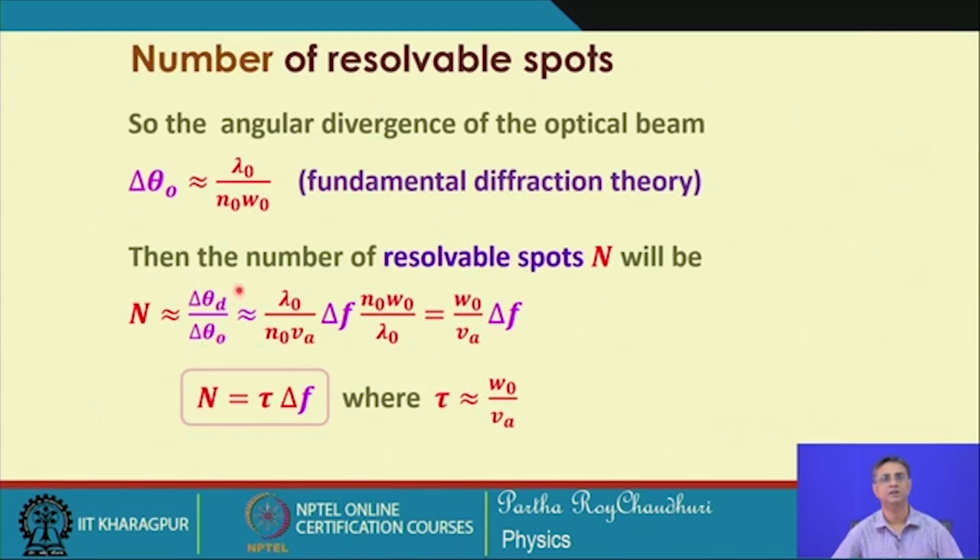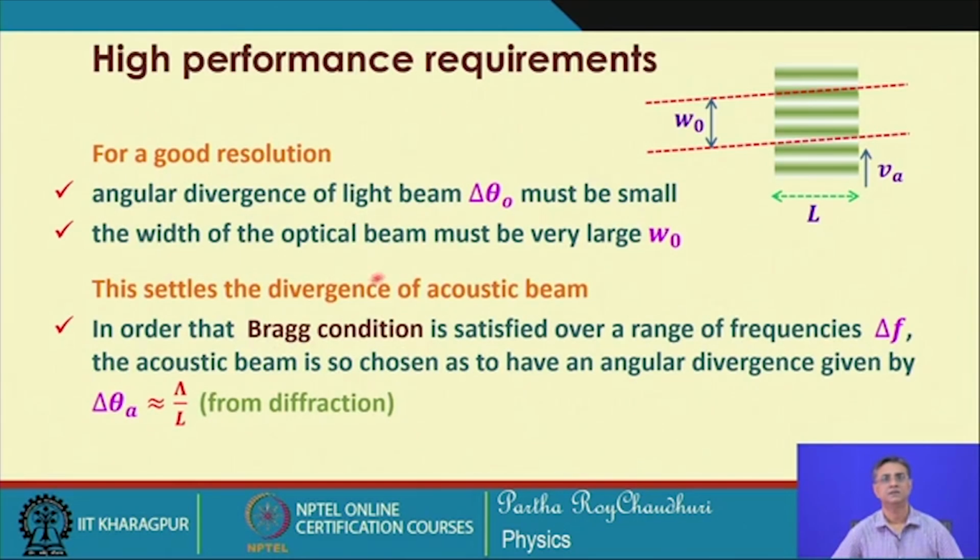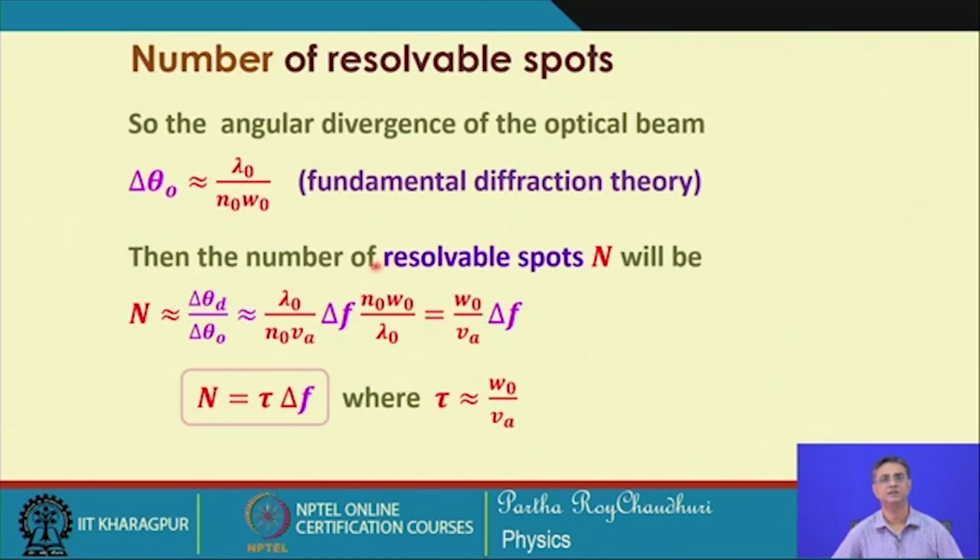If it is small, then you will get more resolvable spots, which is what is intended, and delta theta d should be large. So, delta theta 0, the angular divergence of the optical beam, should be as small as possible. The width of the optical beam must be very large. This condition comes from here.